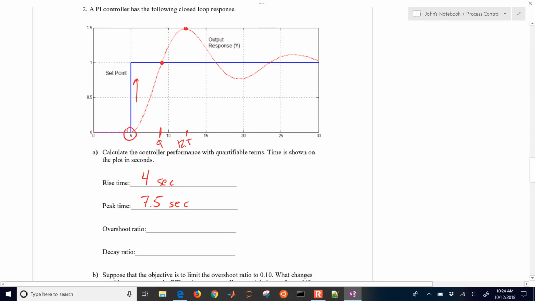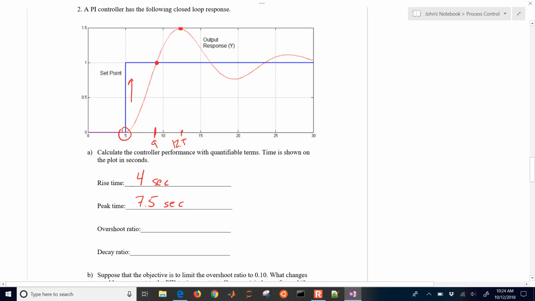Okay, the next one is the overshoot ratio. I'm just going to label some things on this plot. I'll call this distance right here A, the distance of the set point change B, and the second peak C. The overshoot ratio is defined as A divided by B: how far you went over the set point divided by the set point change.